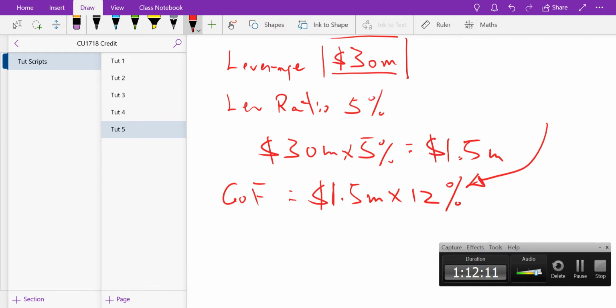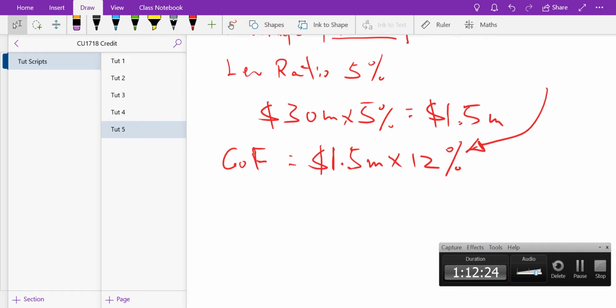It is the cost for you to raise capital, for someone to give you capital to do whatever you want to do. Okay, this is what they expect to be repaid. So that is simply what, 180,000.